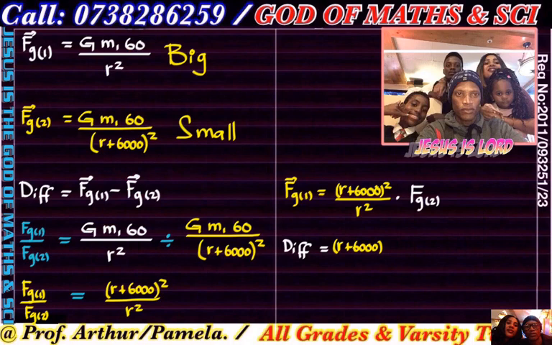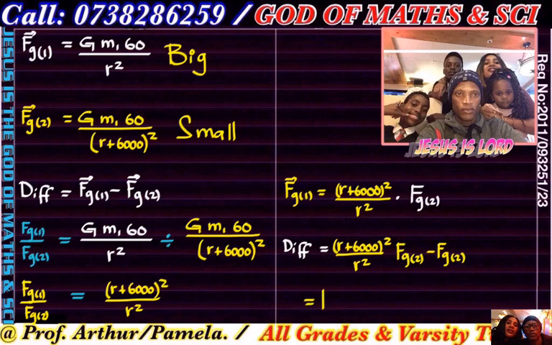Is the bigger one squared divided by the R squared. FG1 minus FG2, of which if I want to pull out a common factor, I can.